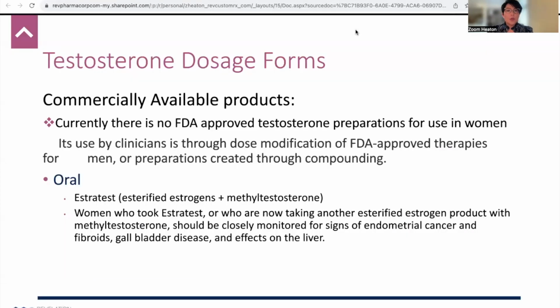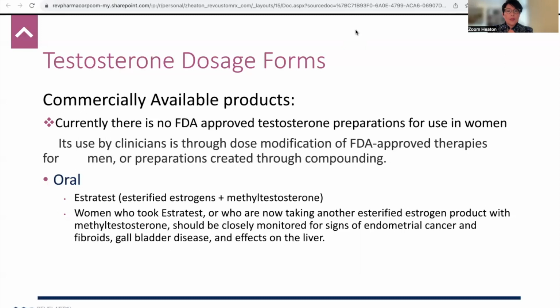Testosterone dosage forms. Currently, there are no FDA-approved testosterone preps for use in women, and the use by clinicians is through dose modifications of FDA-approved therapies for men, or their preparations that are created through compounding. The only available product for women is oral, and it's actually a combination product.